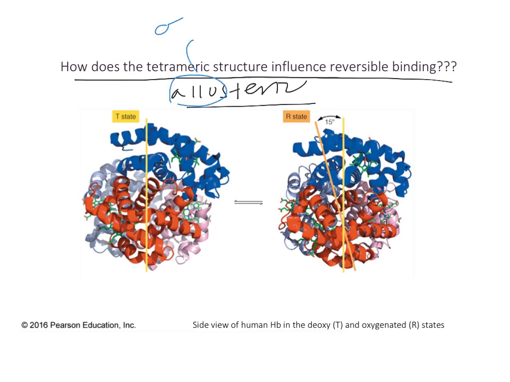Allo is a prefix meaning other, and steric is a prefix meaning shape. So a protein that is allosteric has multiple shapes. So what you'll see here, this is shape number 1, and this is shape number 2, and the difference between the two is that there's this 15-degree rotation between the subunits, and there's many ways to view this.